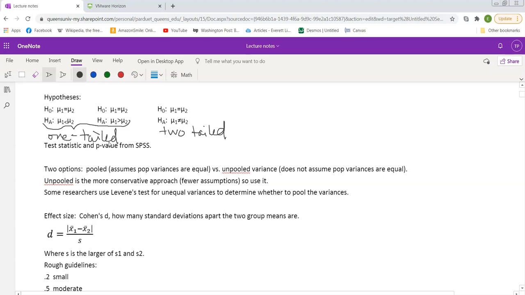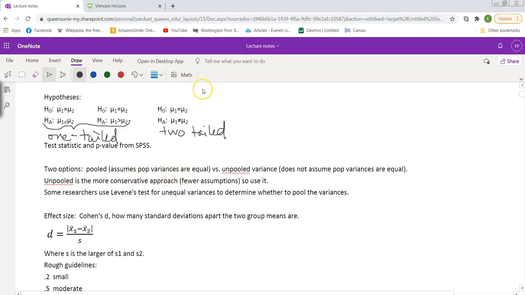I should mention that there are two options for the independent samples t-test, or the two-sample t-test. You can pool the variances or not, and that's just a detail about how the test statistic is calculated. The key here to know is that pooling the variances assumes that those population variances are equal.